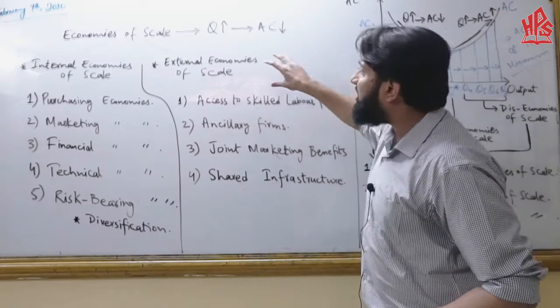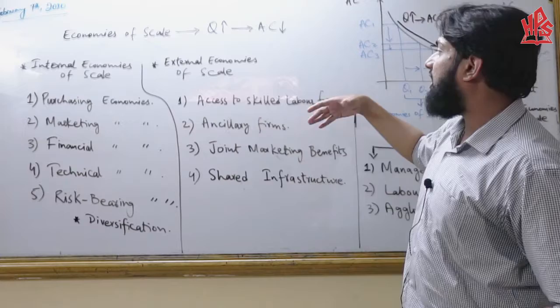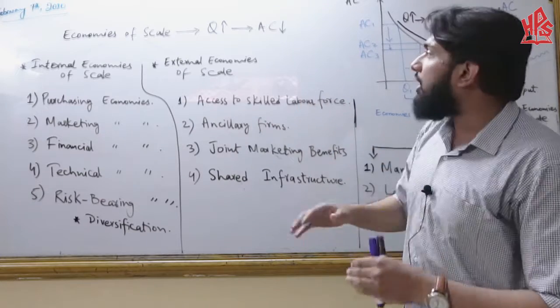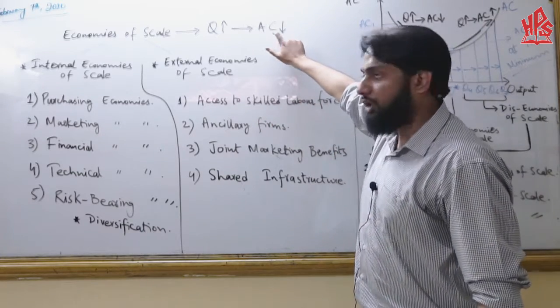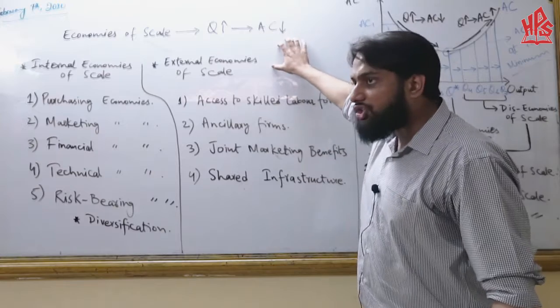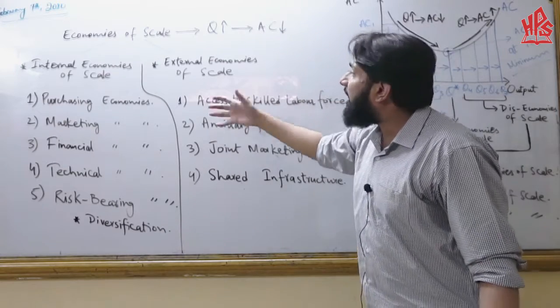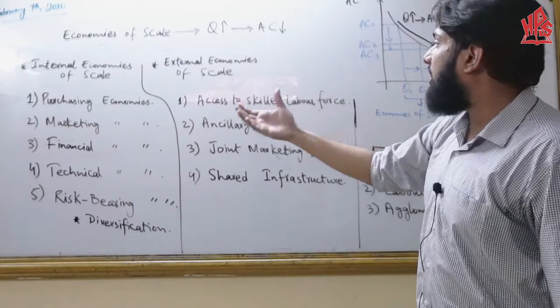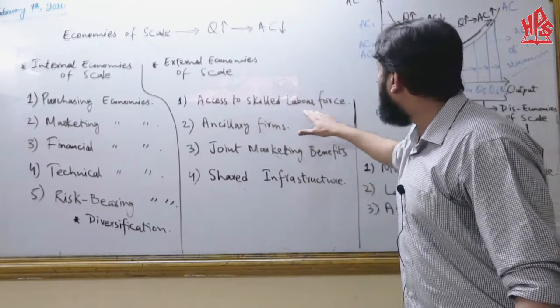Now we are going towards external economies of scale, in which we will find out how we can decrease our average cost of production by external factors. Number one, access to a skilled labor force.